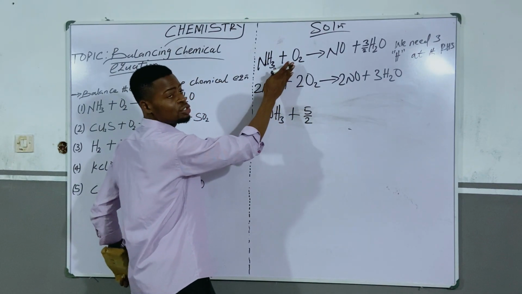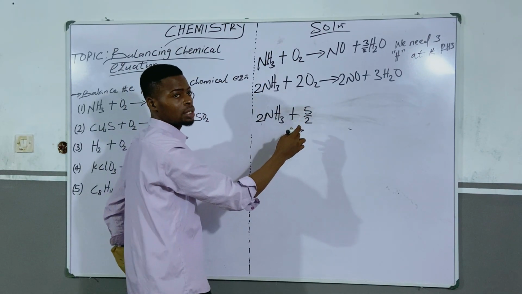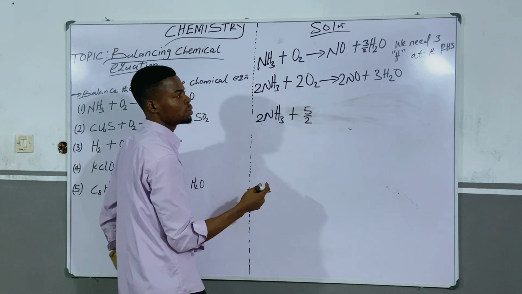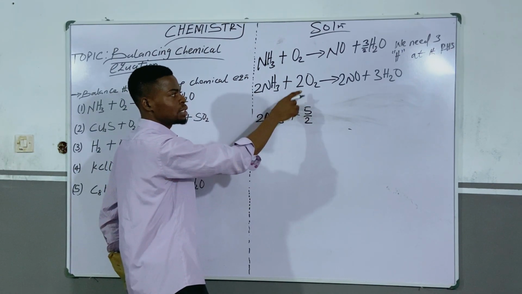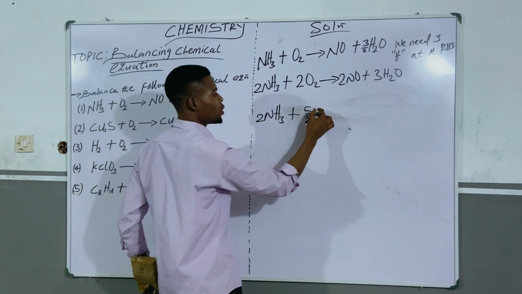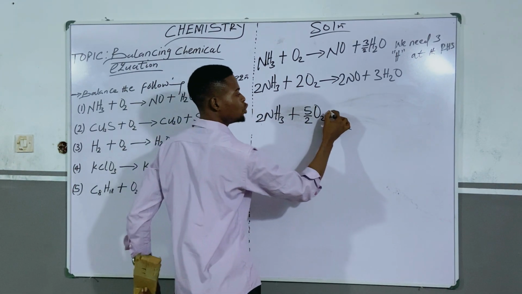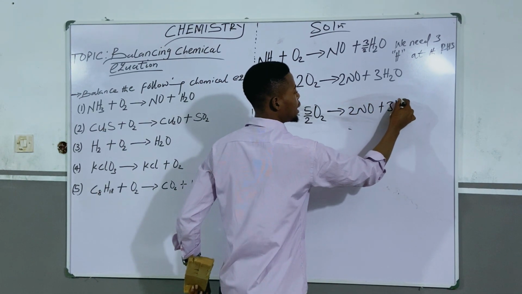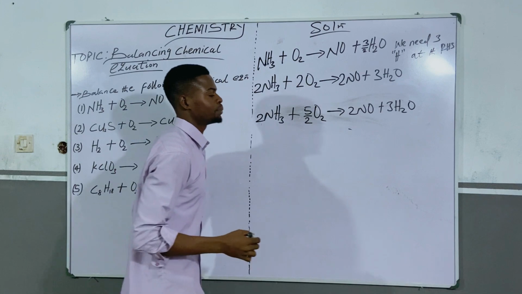So we have removed this one. We are putting the new coefficient, which is 5/2, because we need 5 oxygen at the reactant over 2, that is the subscript here, oxygen, then to give us 2NO plus 3H2O.